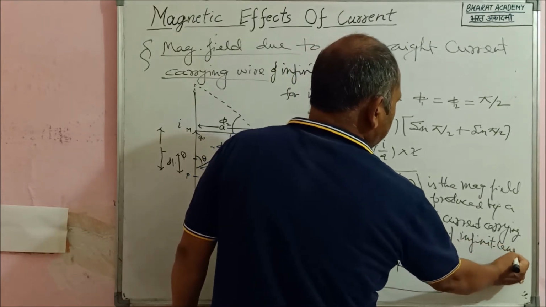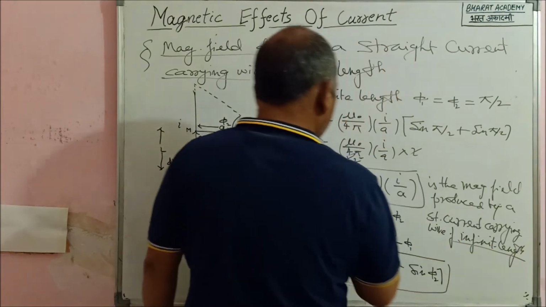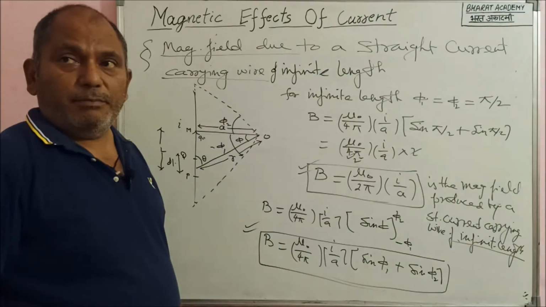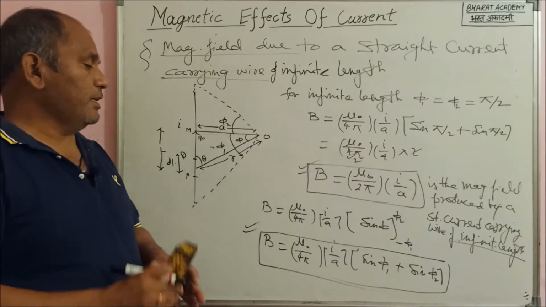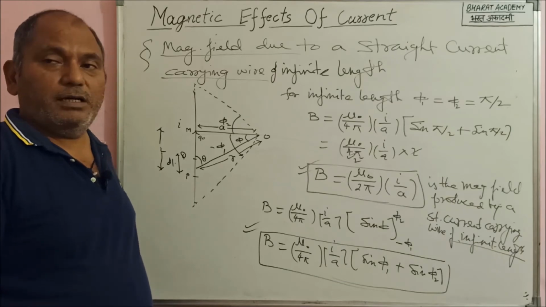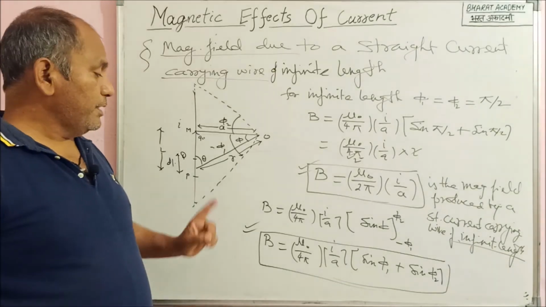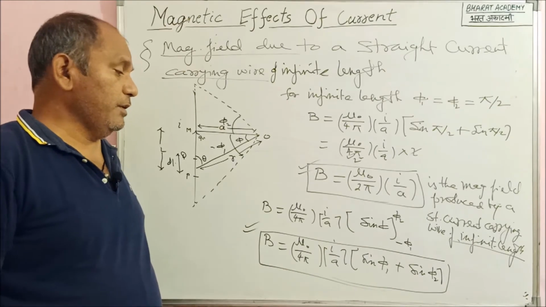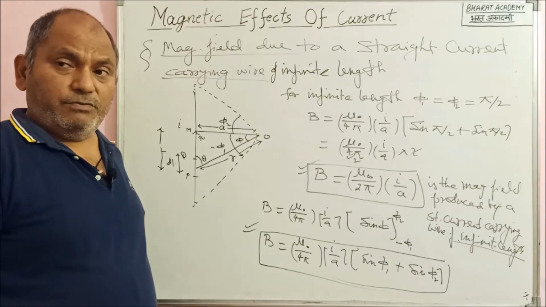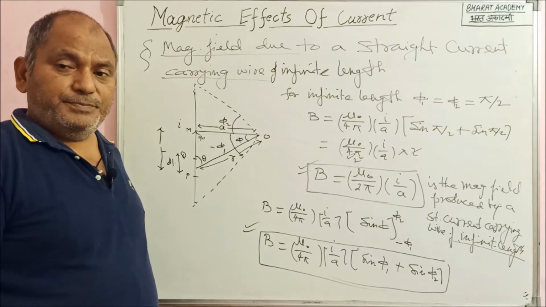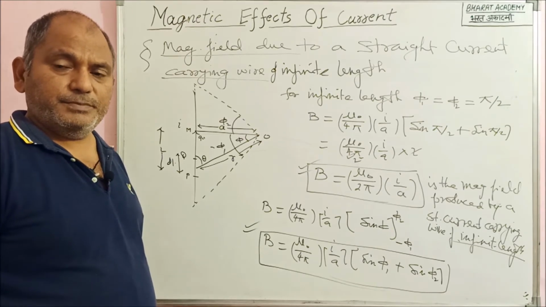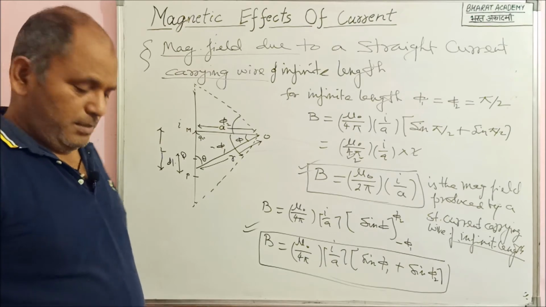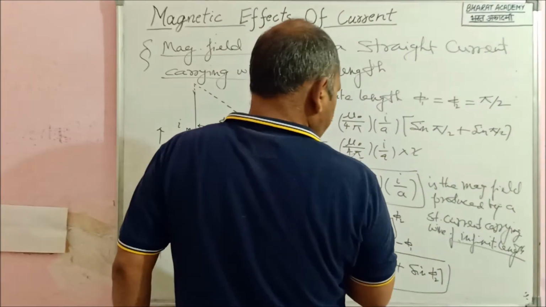Remember this factor. This is the formula which we are going to use directly. The magnetic field produced by a straight current carrying wire of infinite length is mu 0 by 2 pi I by A, right? But the actual formulation is this one, mu 0 by 4 pi I by A into sin phi 1 plus sin phi 2. Right? So how to apply it?